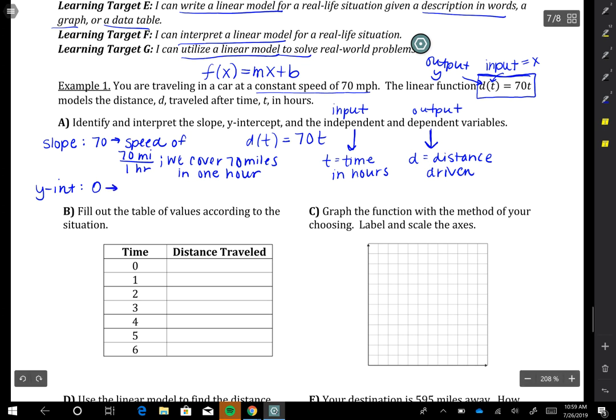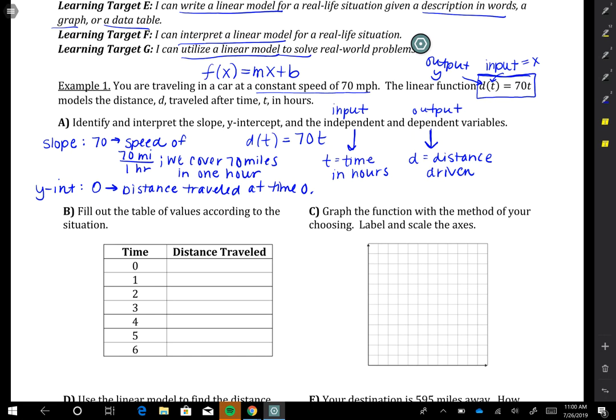So basically, this is our distance traveled at time 0. Or after 0 hours. So basically, right, we start our trip, we haven't traveled at all. So that's why it's 0. Okay, using this function, we're going to do the rest of the problems.